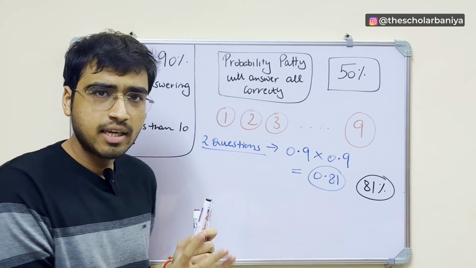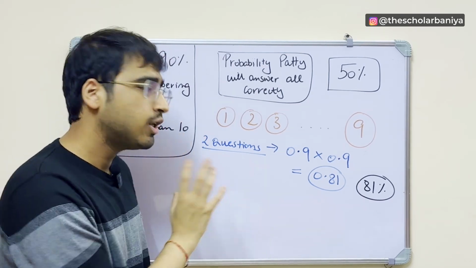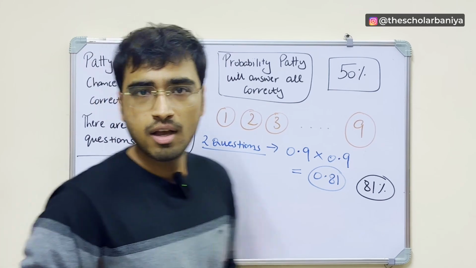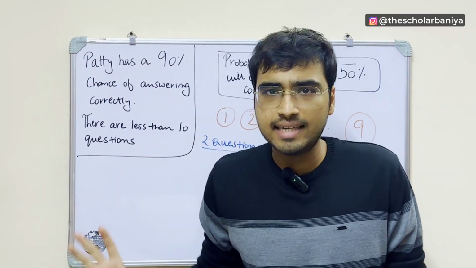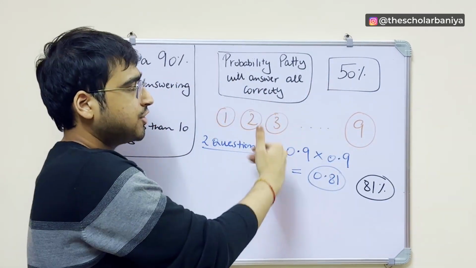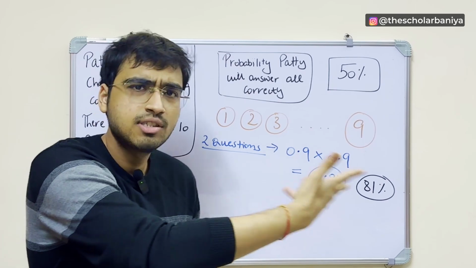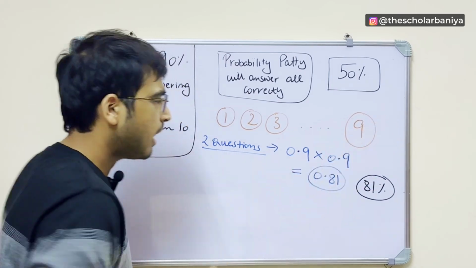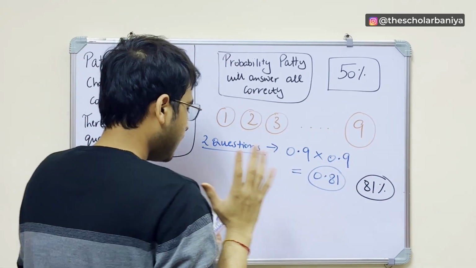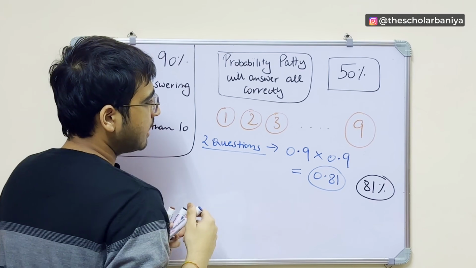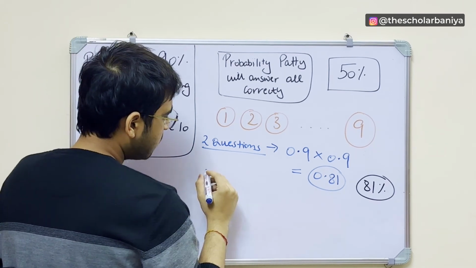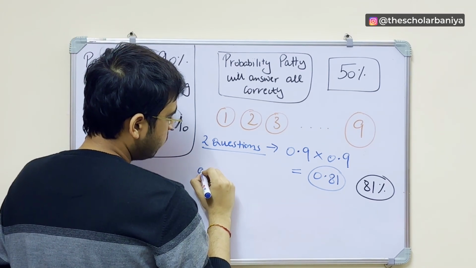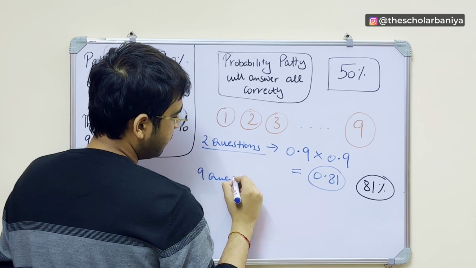But this was the case when we assumed there were two questions present in the exam. But we know there are less than 10 questions. So there can be 3 questions, 4, 5, 6, 7, right? Up till 9 questions. Now, tell me one thing. Let's assume there are 9 questions in the exam, right?